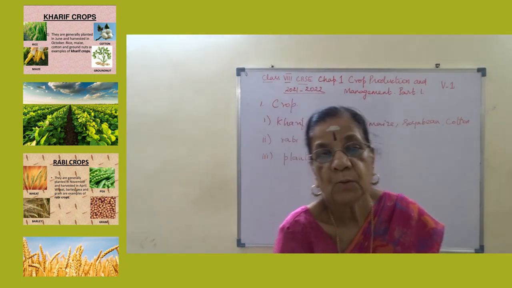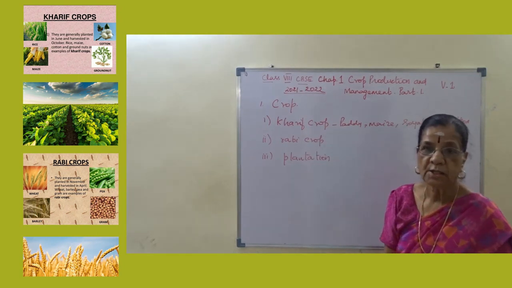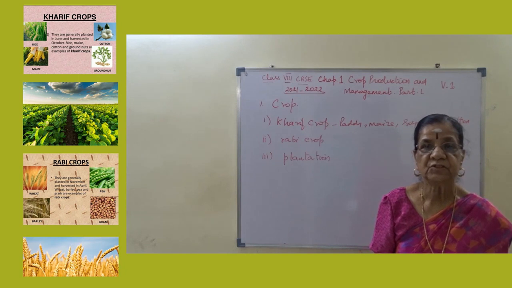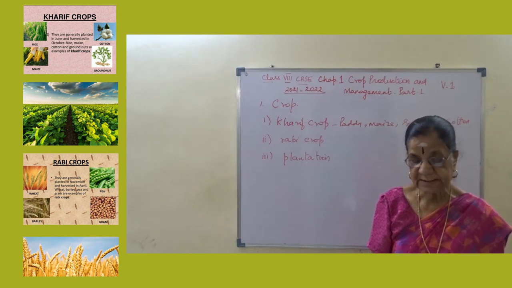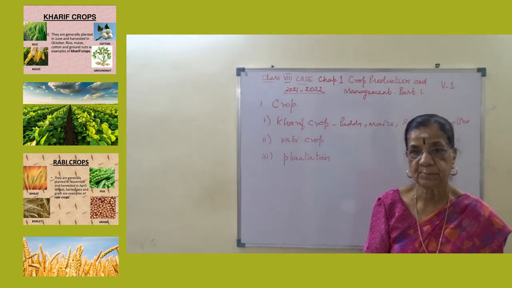I repeat, what are kharif crops? The crops sown during the rainy season are called kharif crops, and the rainy season in India is generally from June to September.